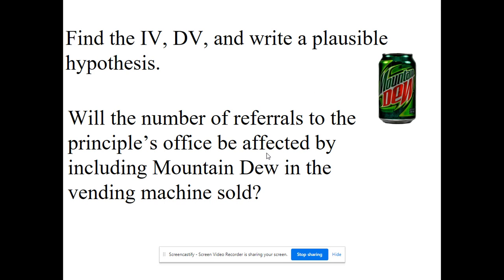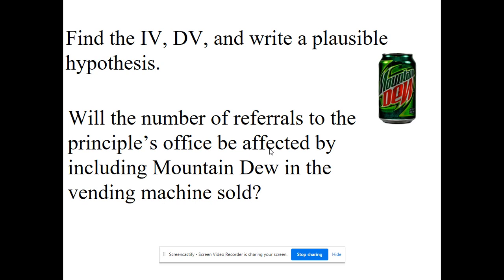The last one I want to go through, just as one more example, is how will the number of referrals to the principal's office be affected by including Mountain Dew in the vending machine? So we've got number of referrals as one variable. And then the second variable is whether or not we've got Mountain Dew in the vending machine.